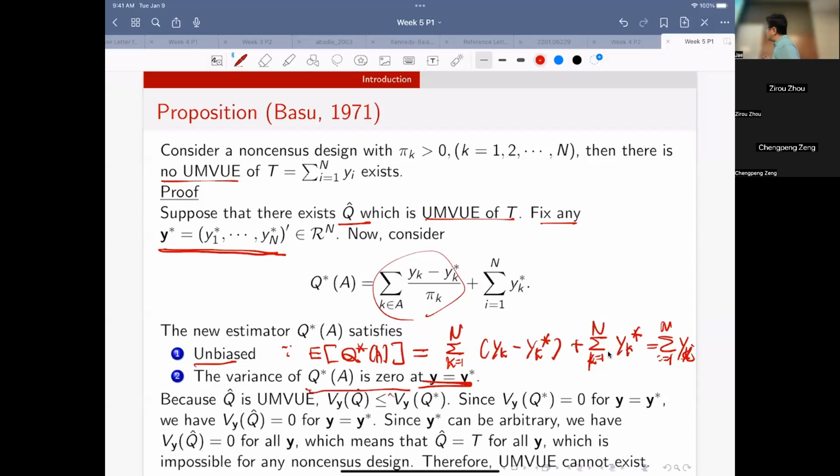Okay. So this estimator is always unbiased, unbiased for all y. But the second part is that it has the smallest variance for this particular y.